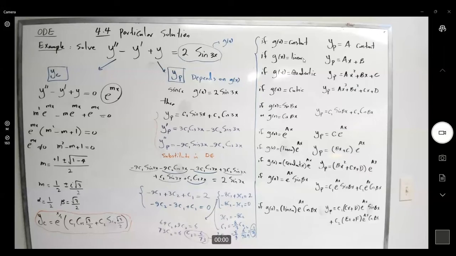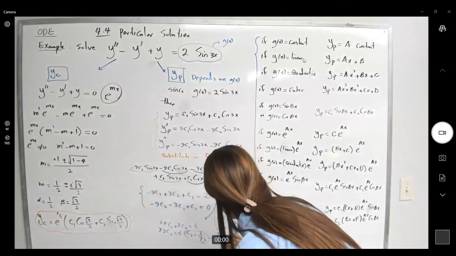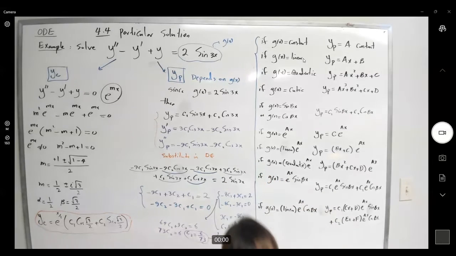So this is 73. So c1 is negative 8 over 3 times 6 over 73, and we get negative 16 over 73.